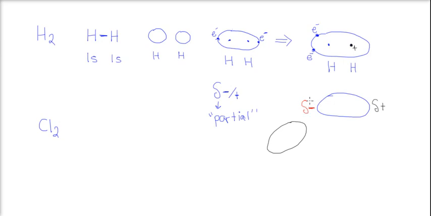So because there's a concentration of negative charge on this molecule here in red, that causes a disruption in the electron cloud of another molecule.